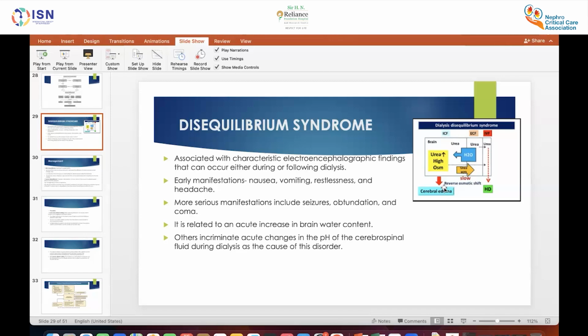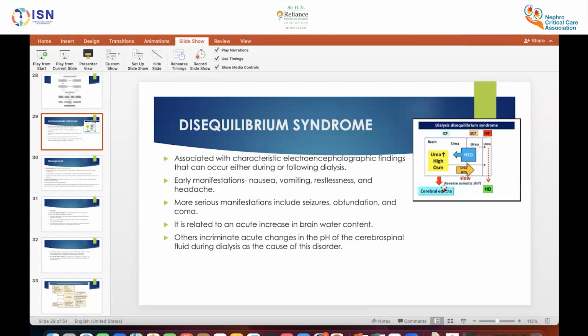One is the urea. If the urea is more than 200 milligram percent, 200 to 300 milligram percent, then the chances of disequilibrium syndrome are more. If the patient's body surface area is low but the urea is disproportionately high, then also the chances are more. If the patient has hypokalemia with a high urea level, then the chances of disequilibrium are more.